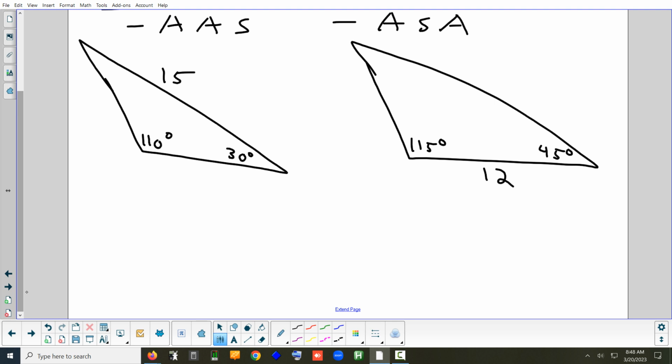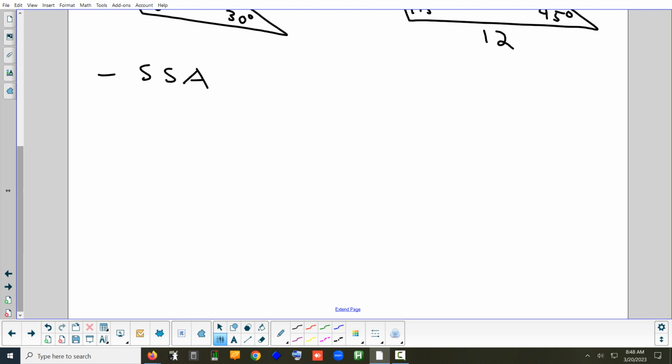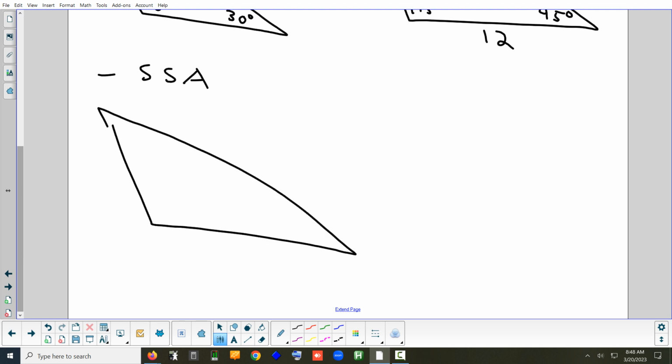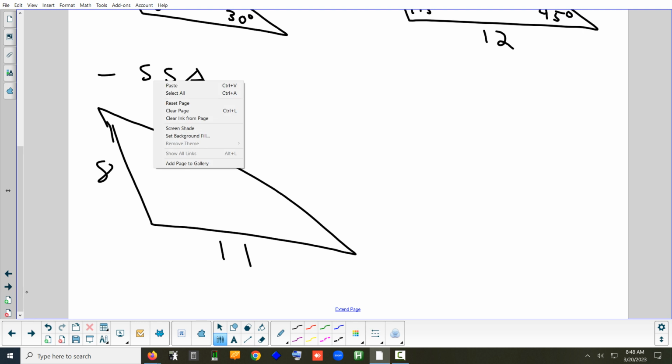So let's say you had something like 8, 11. And it's important that the angle that I give you is not between the 2 sides. If it was between the 2 sides, we're going to have to look at that separately. That's not something we can do today. So I have to give you either this angle or that angle. Either one. Let's do this one.